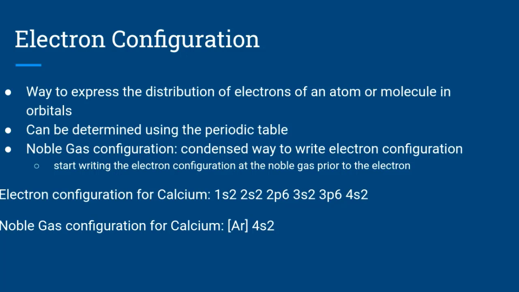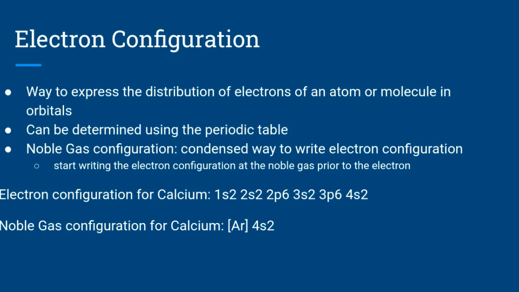So instead of starting from the top of the periodic table at hydrogen, you would just start at the noble gas prior to the atom of interest, and you're just going to go from there.